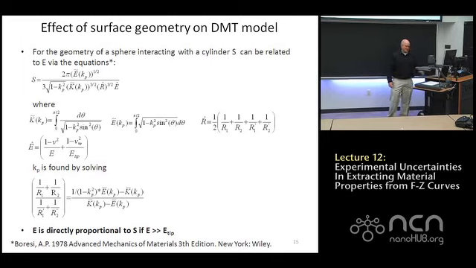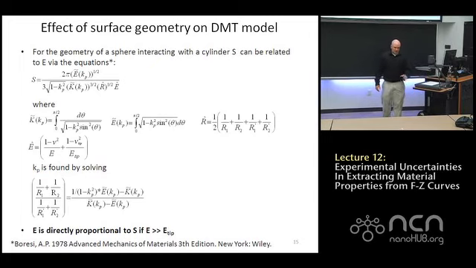It's not really a very physical quantity, but when you work with these models, that's just the way it goes. So you get your parameter Kp from the bottom equation, plug it into the top equation, and eventually relate S to another geometry term, the inverse reduced radius, and then your inverse equivalent elastic constant, which are given as this term and this term.